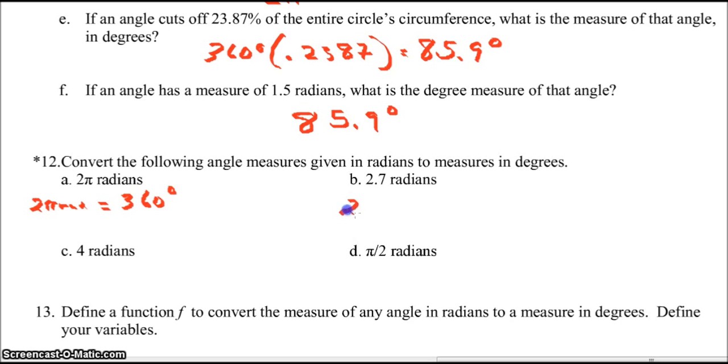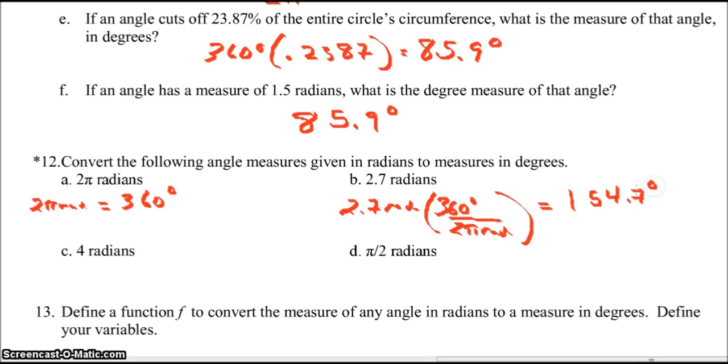Now if we had 2.7 radians, we use the fact that for every 2 pi radians there's 360 degrees. Notice this is equal to 1 because these are equal. The radians will cancel out and we'll just be left with degrees, which is 154.7 degrees. We can do the same thing for each of these.